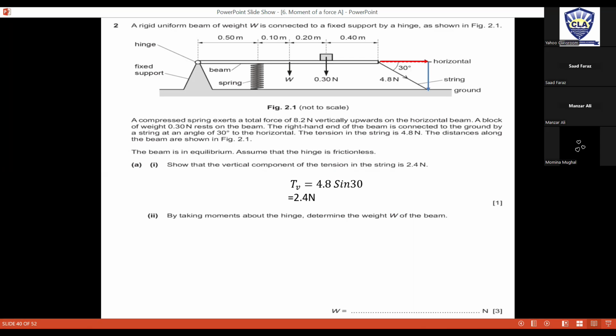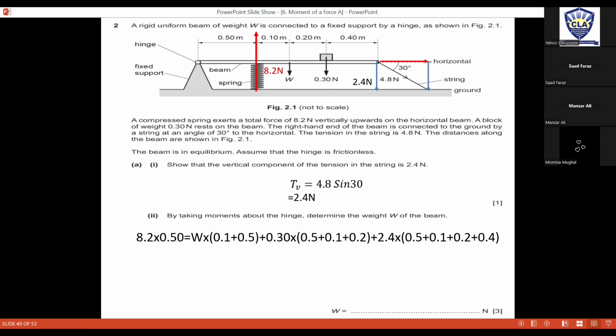Then determine the W. They have told us that the force exerted by the spring is 8.2. So W, 0.3 and 2.4 will all be creating clockwise moment, and 8.2 will be creating anticlockwise moment. Distances have to be calculated very accurately. We consider this as a pivot.